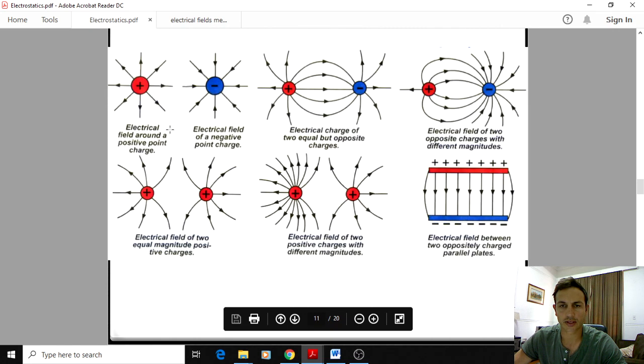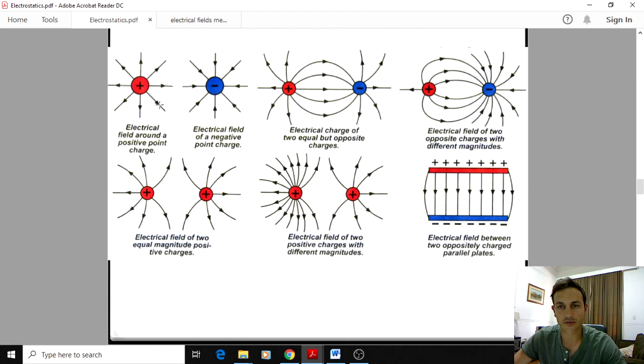Here we go. Electric field around a positive point charge. These are the drawn-in electric fields around this positive charge. Here's a negative charge. Notice how the field lines move away from the positive charge at right angles to the charge. Another point about these lines is that they never intersect.